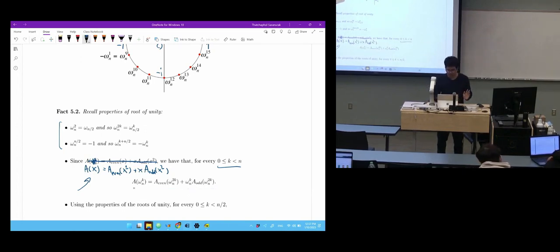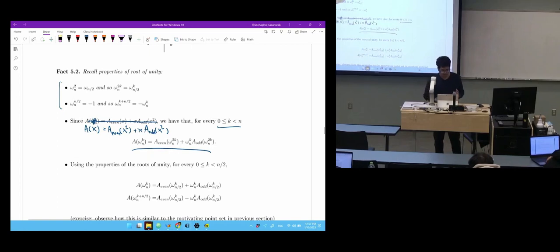Right now, I didn't do anything. I just put omega n to the k into this equation. Nothing happened. And now this is when I use the property of roots of unity to derive the following.